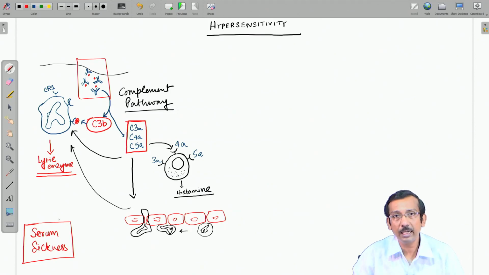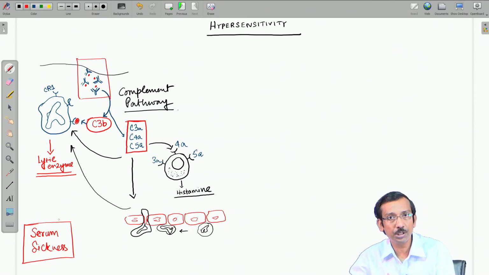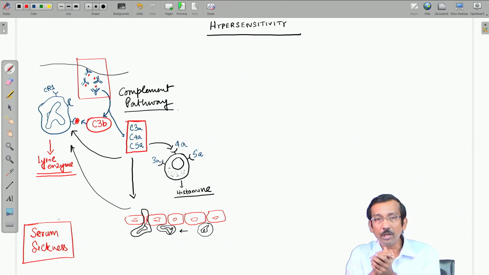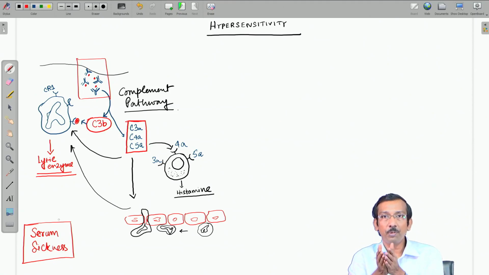After antigen antibody complex formation and deposition, you can start to develop a type 3 response in those cases as well. As I told you in the beginning, these are inappropriate responses. The immune system really does not know what to do and it starts responding in this way, and some people can develop these kinds of reactions.